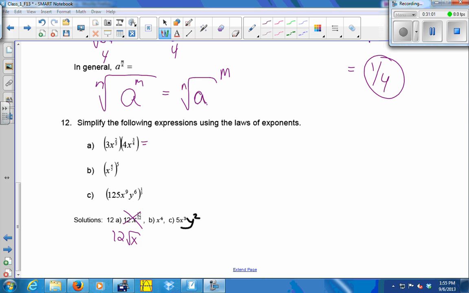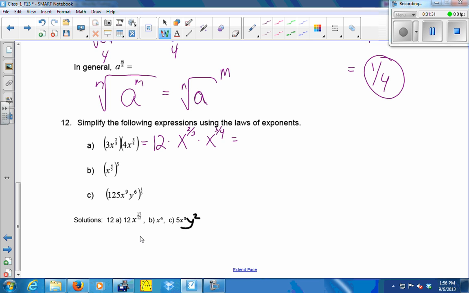Okay, so 12A. The answer I had was correct because this is all multiplication, so I can do it in any order. So I can do the 3 times the 4, and I get 12. And then you have times x to the 2/3 times x to the 3/4, right? And then when you multiply like bases, you add the exponents. So what you guys had showed me before was multiplying the exponents, which is not right.